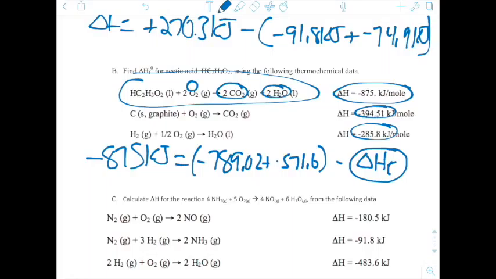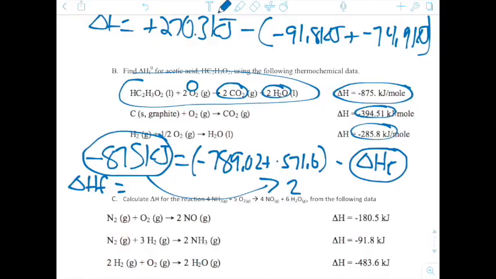So we can add our delta H f over here, and then we add this to the other side, and what we see is that we will have, oh excuse me, not 2000, we'll have a delta H f value of negative 485 kilojoules per mole for our delta H f of acetic acid.